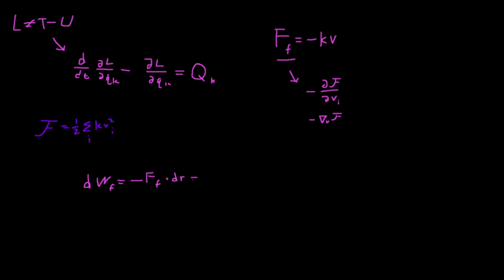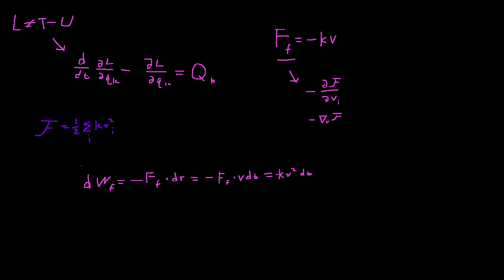It's just a definition of work, and we have this minus sign because we're doing the work by the system against friction. So this is basically equivalent to the force of friction dotted with the velocity vector, times dt, which is just going to be minus k v squared dt.